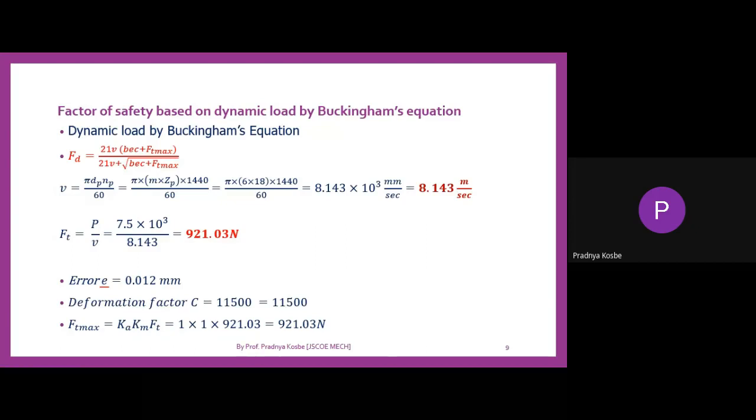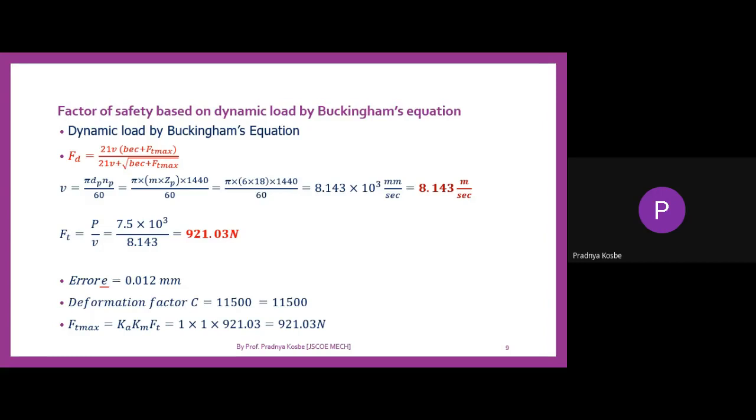Now, what is the formula for error? Error is a cumulative error on a gear and pinion. So E is equal to EP plus EG, and that error is based on which type of grade we are using. Correct? Now, error is already given.